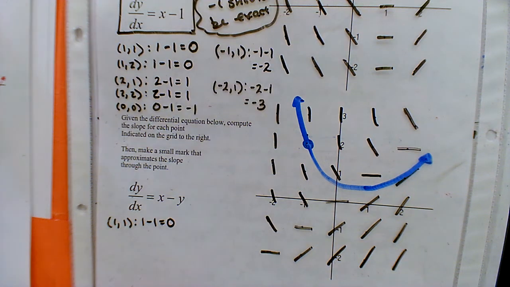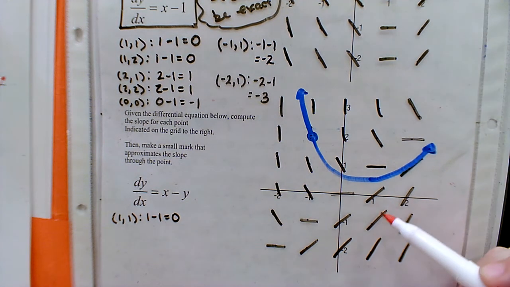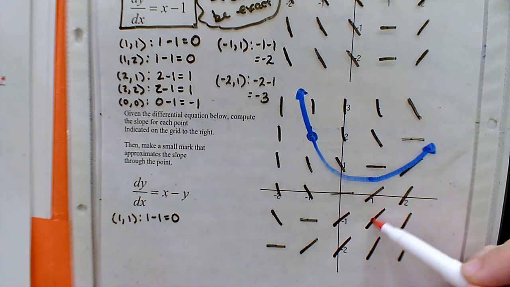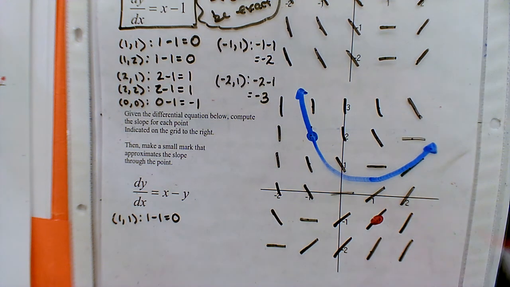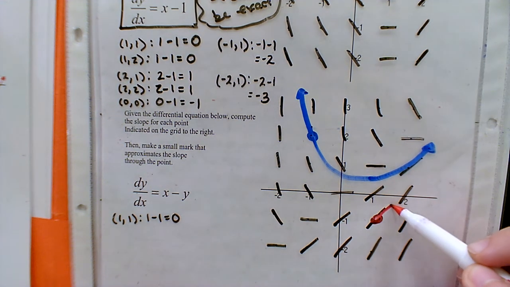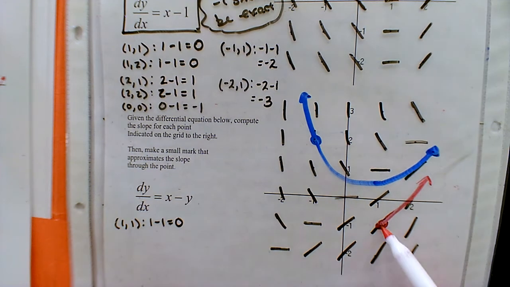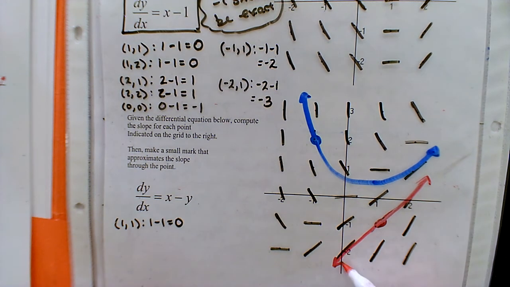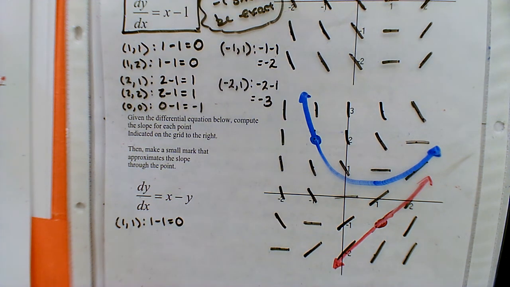But what if I were to pick a different point? What if we tried 1, -1? Somewhere right here. If you trace the slopes to the right, and you trace the slopes to the left, it's a different curve, isn't it?